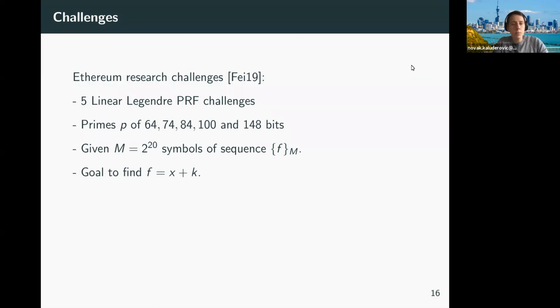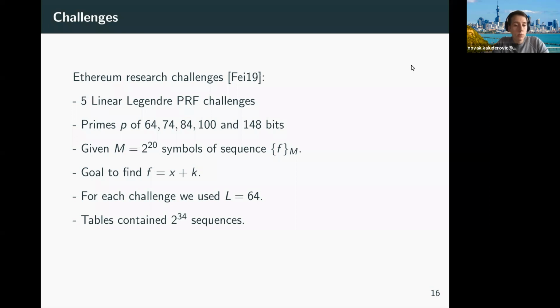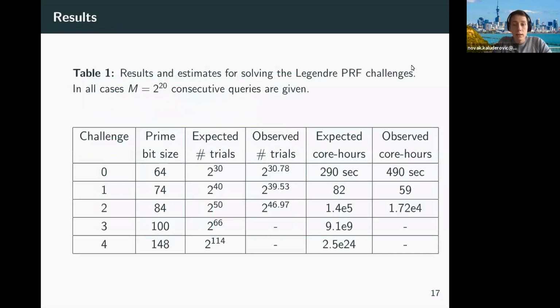In our implementation, we worked with sequences of length 64, and this allowed us to create a table which contained around 2 to the 34 sequences. In the search phase, we did about 2.2 million trials per second, and these are the final results.